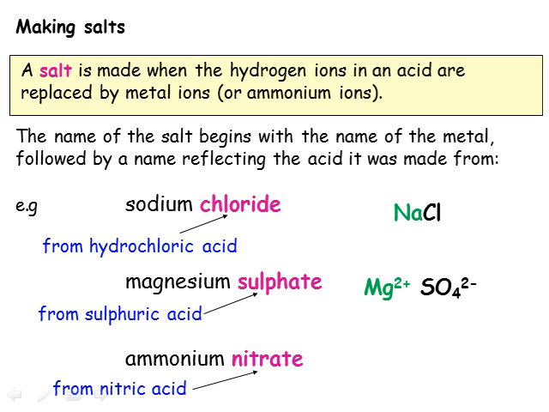We can replace the two H+ ions with a magnesium ion, Mg2+, giving us the formula MgSO4 for magnesium sulfate. In the same way, if we start with nitric acid and split it up into H+ and a nitrate NO3- ion, then we can replace the H+ ion with an ammonium ion, which is NH4+, to give the formula NH4NO3 for ammonium nitrate.